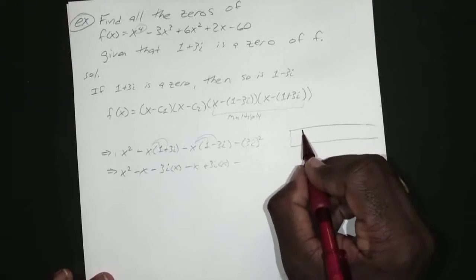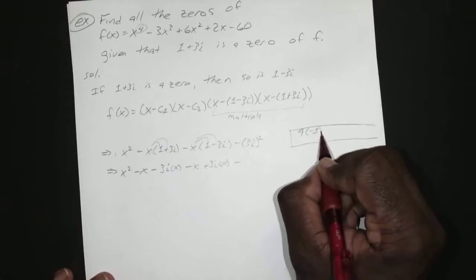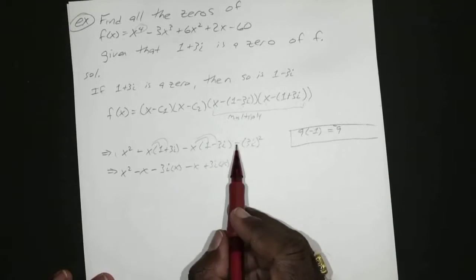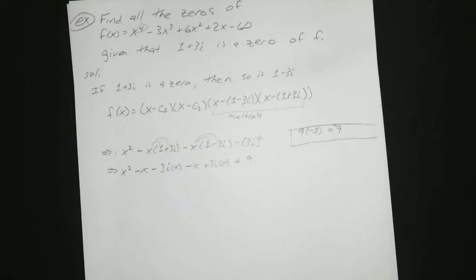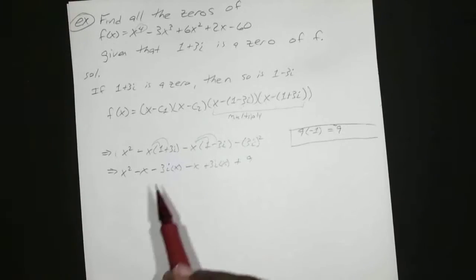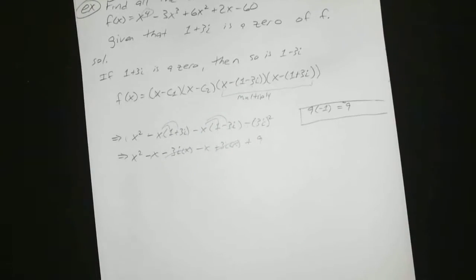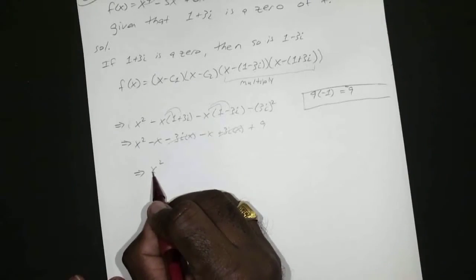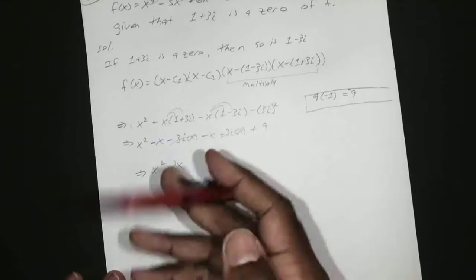So you have 3 squared, which is 9, times i squared, which is negative 1, which is negative 9. Okay, so you have minus negative 9, which is plus 9. All right, so here, these two cancel out. Okay, so you have x squared minus x, minus 2x, sorry about that, plus 9.